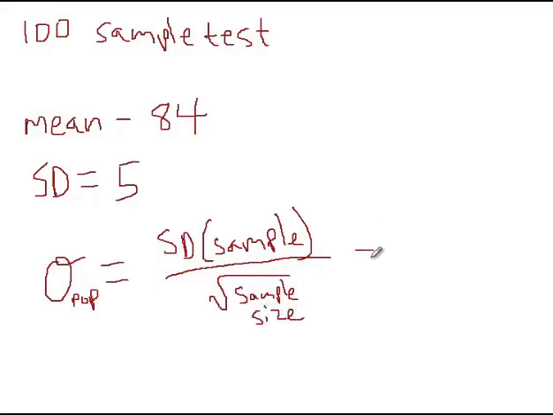So in our case, our standard deviation was 5. Our sample size was 100. So I'm going to say the square root of 100.